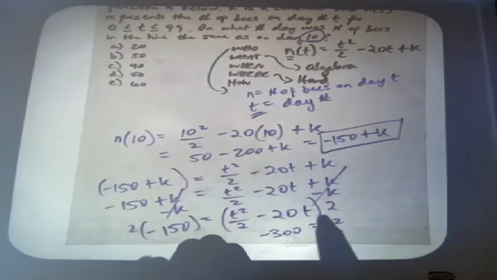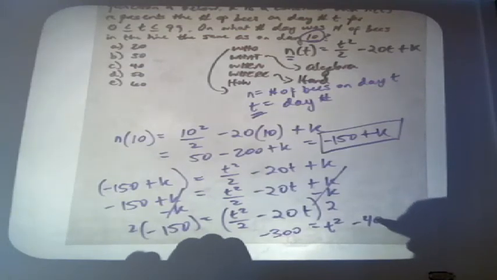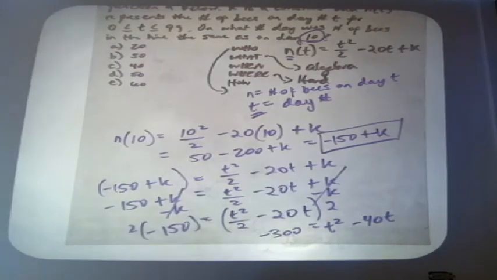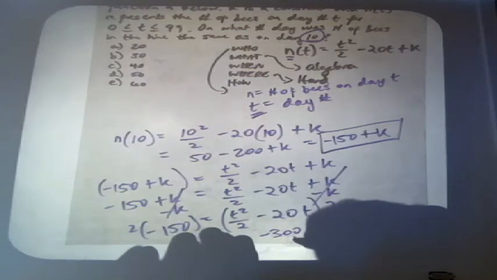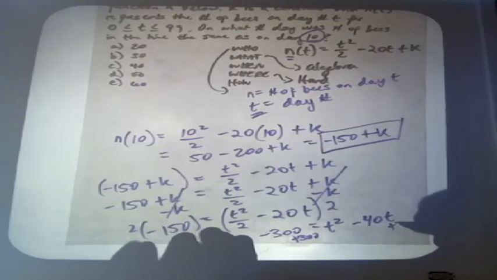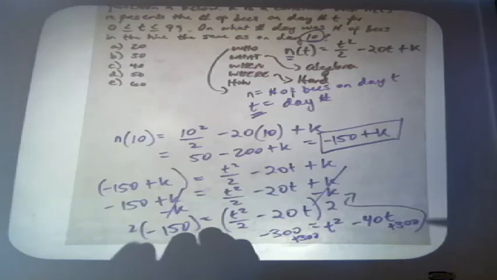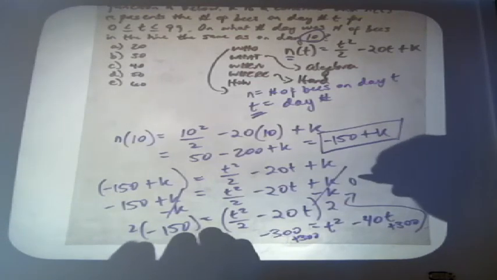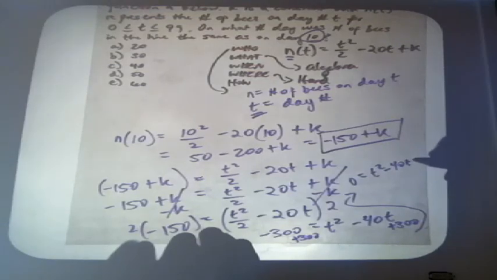And then I'm going to get minus 20t times 2, which is minus 40t. And then if I'm solving a quadratic, I want everything on one side of the equation, and I want to set it equal to 0. So I'm going to add 300 to both sides. When I do that, I get 0 equals t squared minus 40t plus 300.